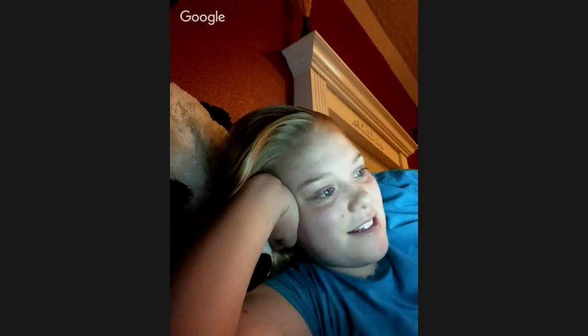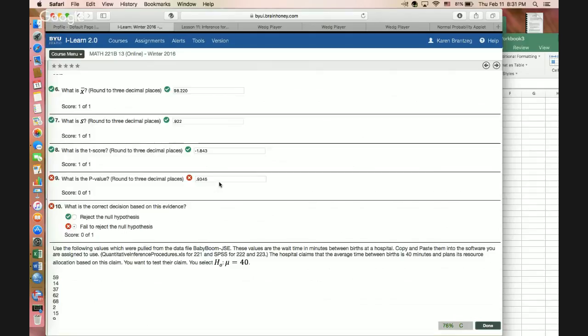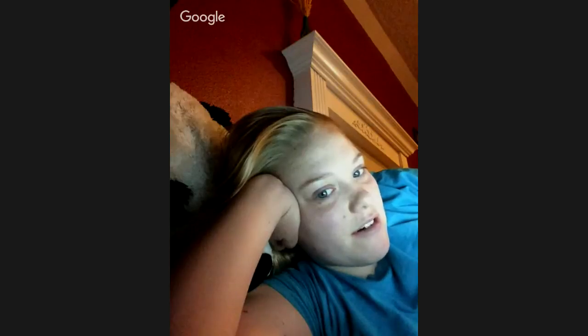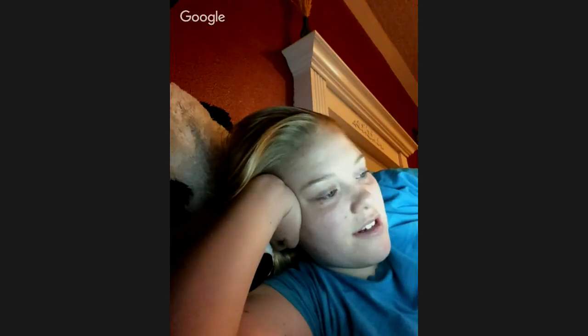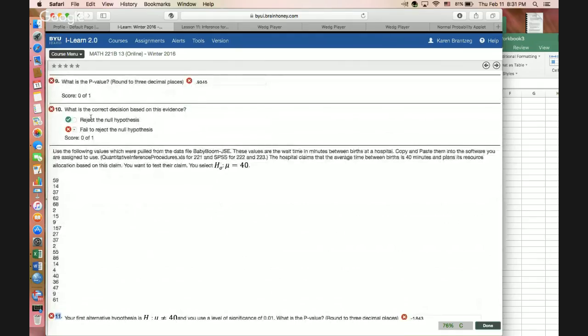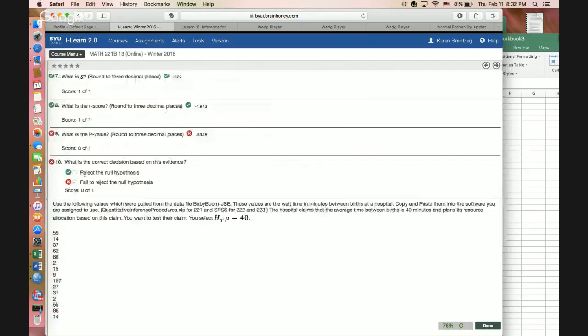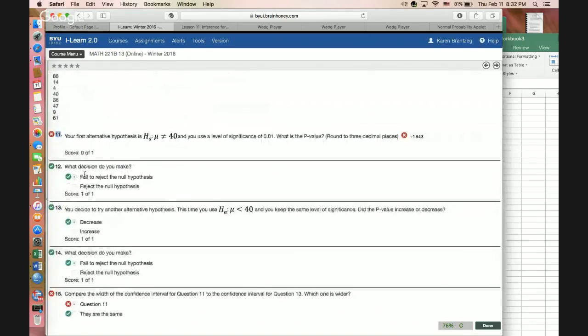I didn't round because it said 3 decimal places. Oh, I had that one wrong too, so I guess it doesn't matter. And then number 11, I put fail to reject, but it was reject the null. So we must have missed that because we got the p-value wrong.